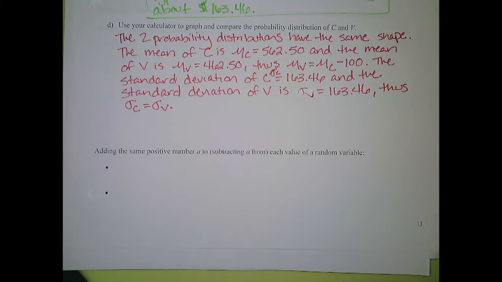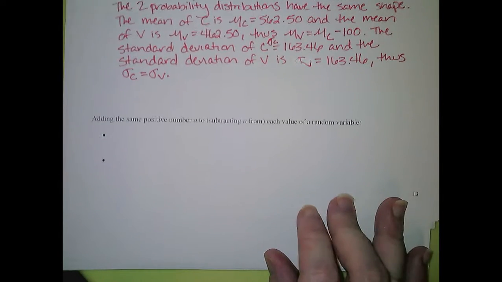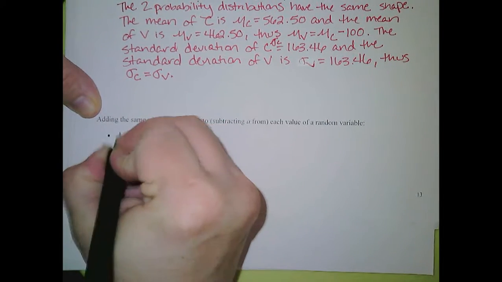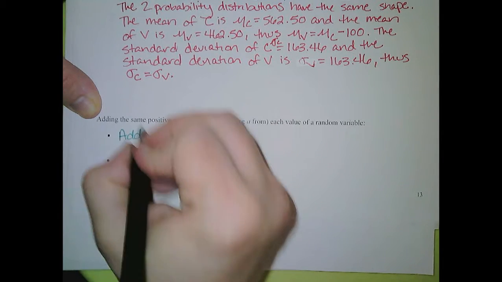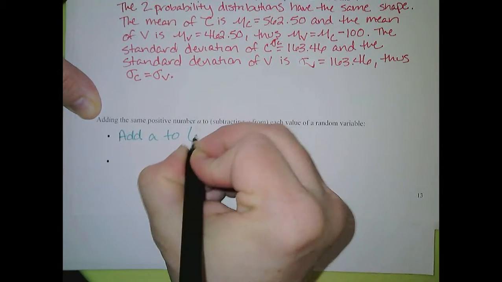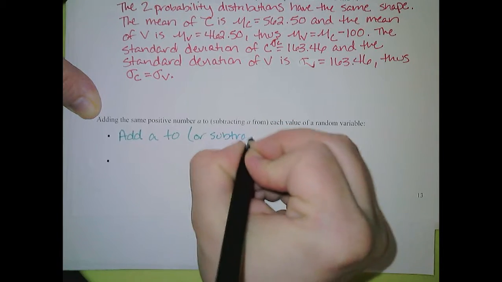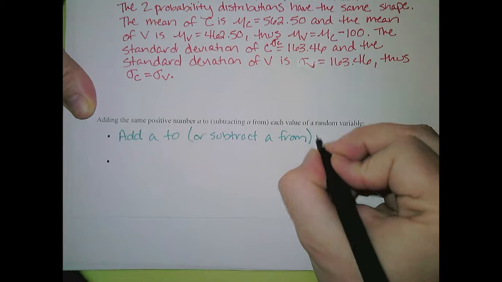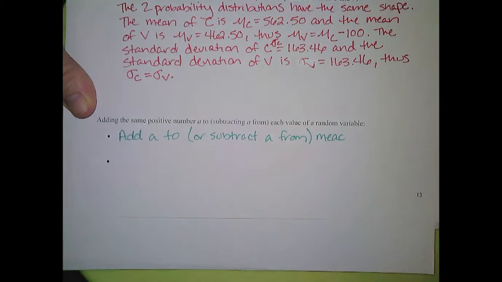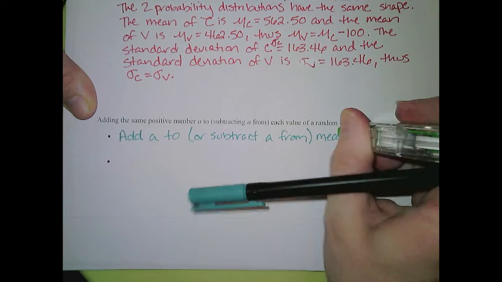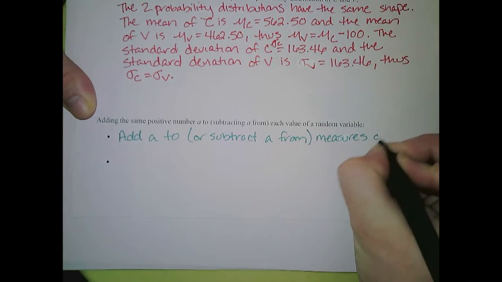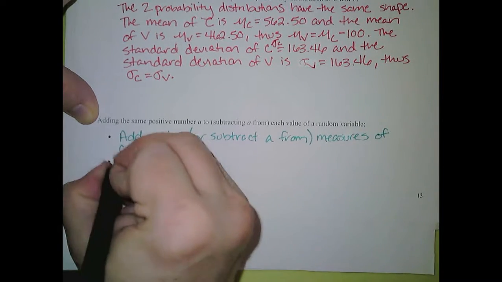So then what we saw is that adding the same positive number A, or subtracting A from each value of a random variable, is going to add A to, or subtract A from, not just the mean, but all measures of center and location. Measures of center and location.